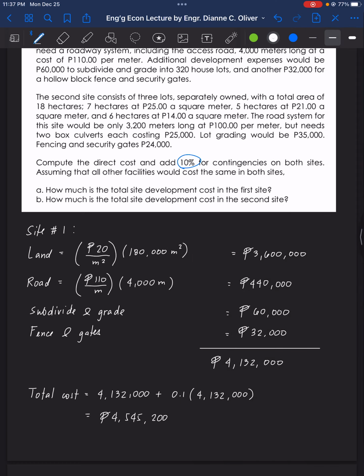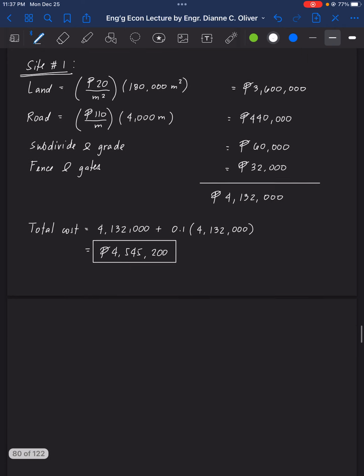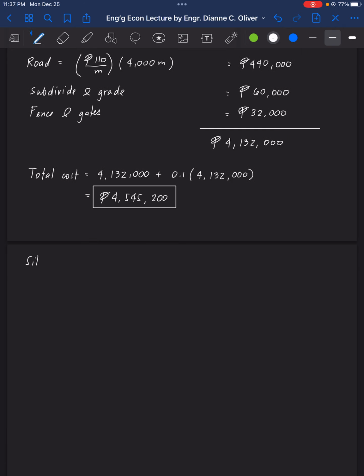So that is the total development cost for site 1. That's just for site number 1. Let's go to site number 2.